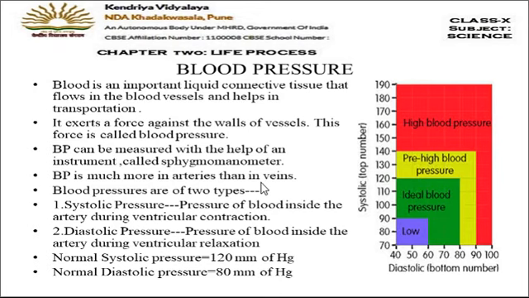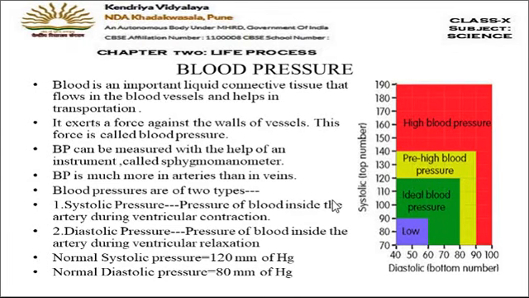Okay? So blood pressure is also of two types now. One is systolic pressure and the other one is diastolic pressure. Systolic means when the ventricles contract and diastole means when the ventricles relax. Okay. So systolic pressure, how will we define it? It is the pressure of the blood inside the artery. Remember, we are measuring only the pressure of arteries.